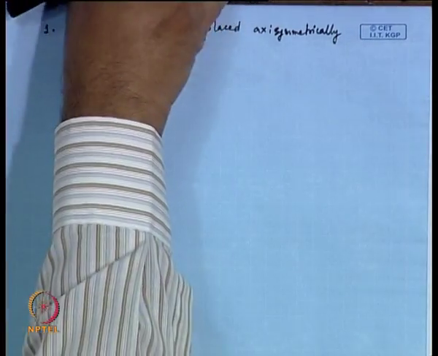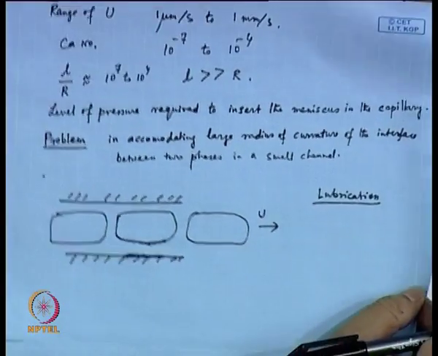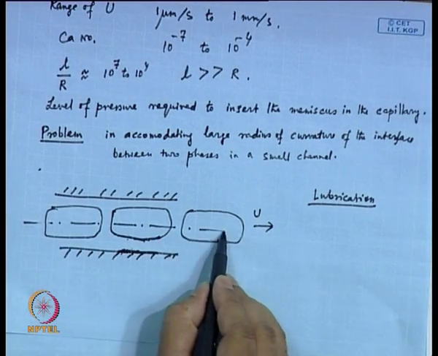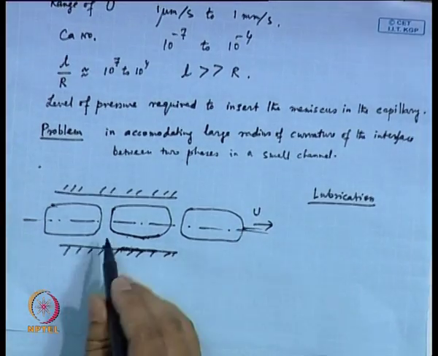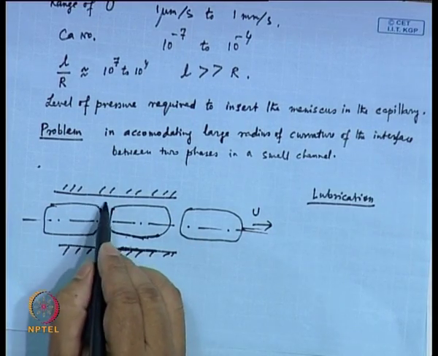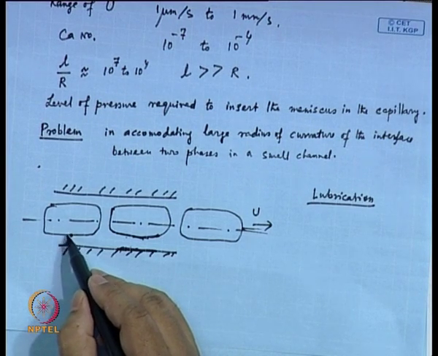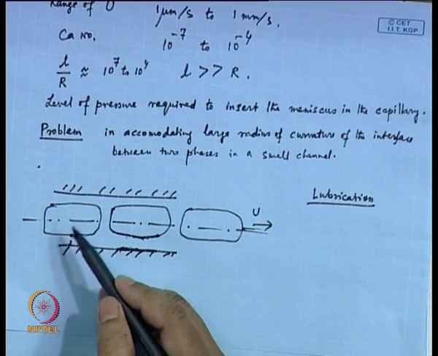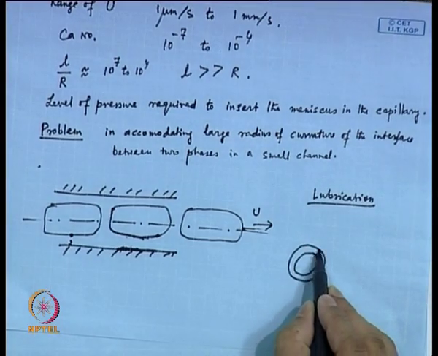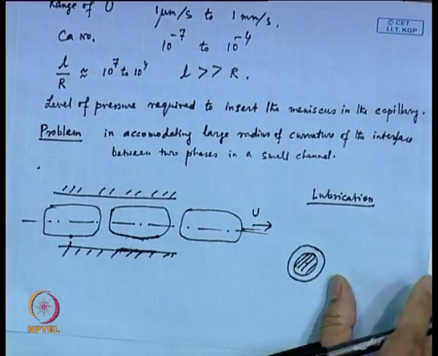What axisymmetrically means is that if this is the axis, then this bubble is axisymmetrically placed. That means it is not that one bubble is sitting in one corner; it is perfectly two circles forming the annular region, and inside this is the bubble. So, these bubbles are axisymmetrically placed.